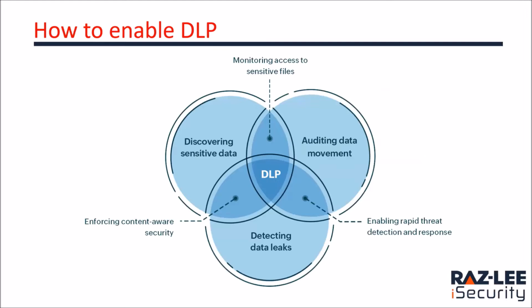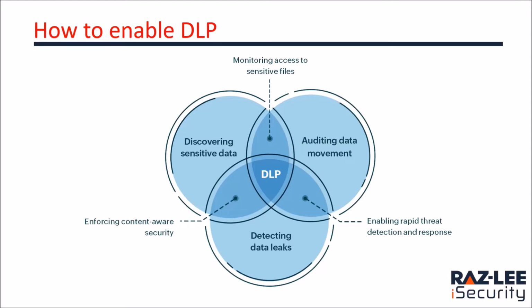So how do we enable DLP? The first thing we need is monitoring the access to sensitive files. And this, we get by auditing data movement and detecting where the data leak occurs. This enables rapid threat detection and response.